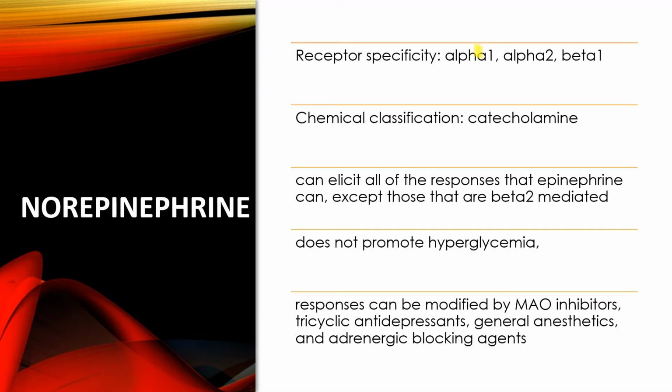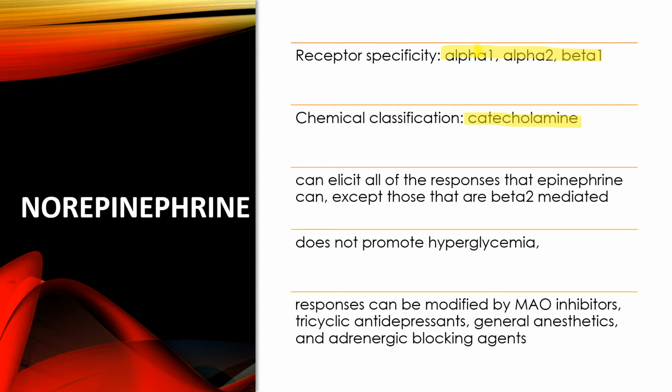Now for the norepinephrine. They are similar to epinephrine, but norepinephrine has receptor specificity to alpha-1, alpha-2, and beta-1. Chemical classification is the catecholamine.